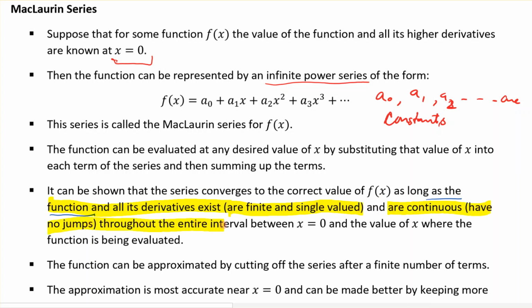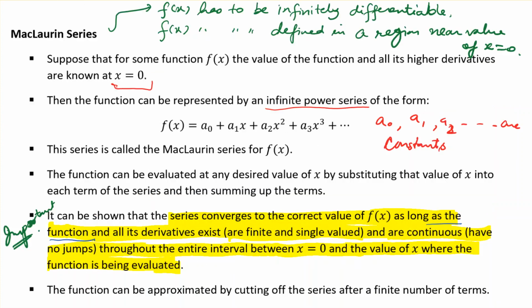It means they have no jump throughout the entire interval between x equal to 0 and the value of x where the function is being evaluated. So this is a very strong and necessary condition for the series to converge correctly.